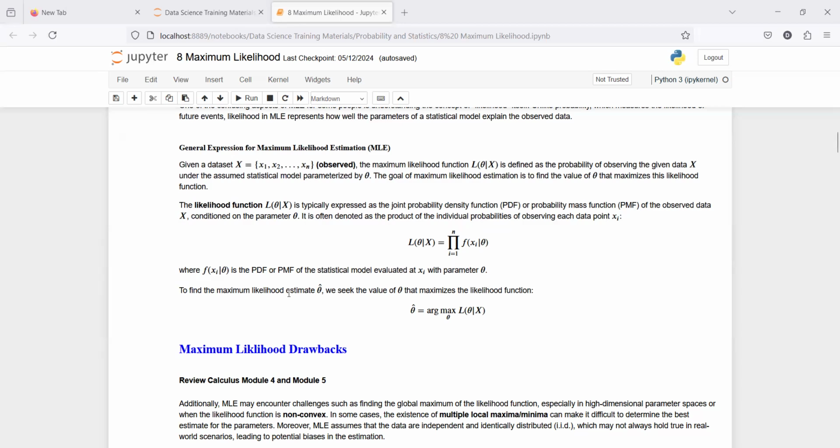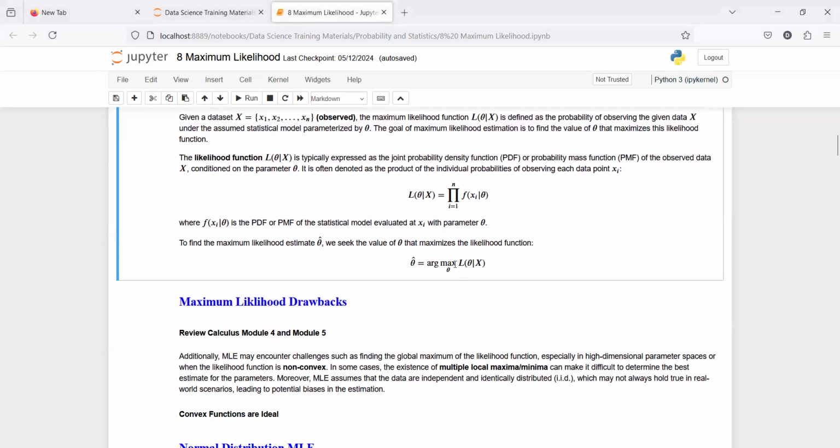To find the maximum likelihood estimate theta hat, we seek the value of theta that maximizes the likelihood function. Theta hat is equal to argmax of L of theta given X, with respect to theta. We saw this term argmax in programming, and it means the same thing here, except it's applied to an actual statistical function.